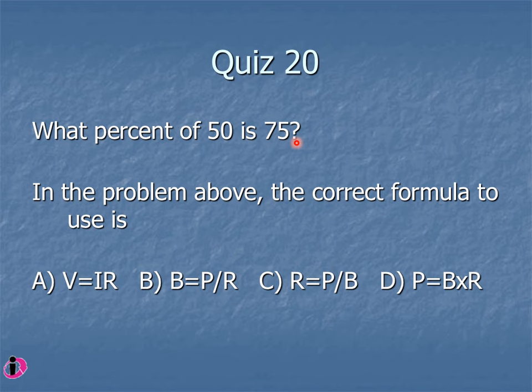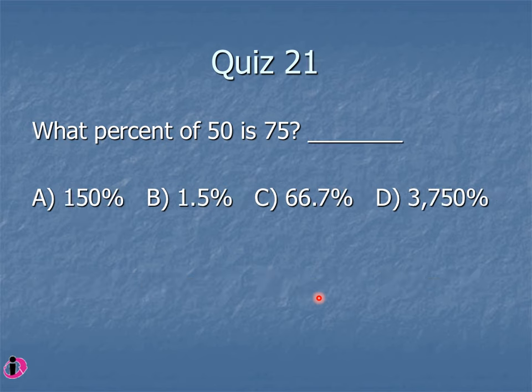Now we have the list of formulas here. Which formula are we going to use? We are looking for rate, right? So we'll be using C, which is portion by base. If I do that, what would be the answer? We'll be writing portion by base, so we are doing 75 over 50, which will be 1.5, right?